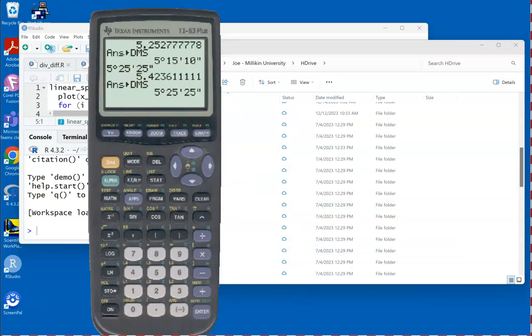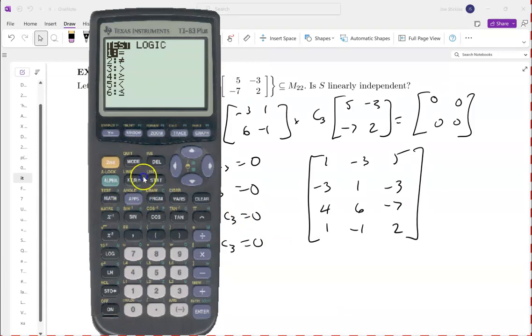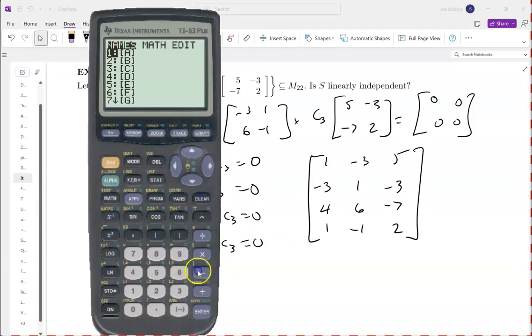So if I put this matrix in as a 4x3, something strange is going to happen here in a second. All right.